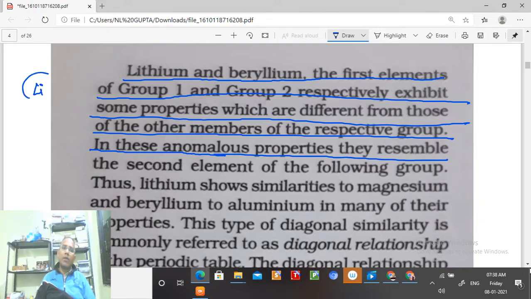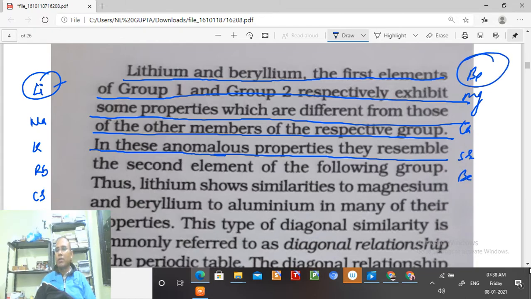Lithium is anomalous compared with sodium, potassium, rubidium, cesium and francium, and beryllium compared with magnesium, calcium, strontium and barium.